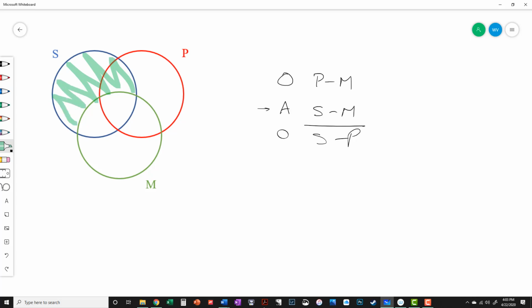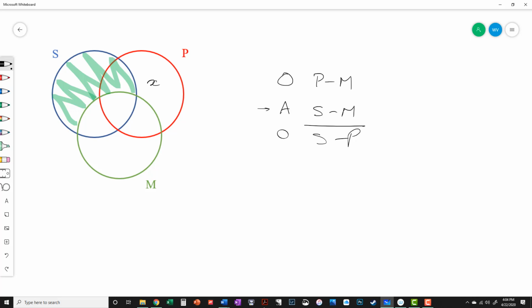All right, and then the particular premise, some P is not M. Dealing with the P circle and the M circle, we're saying that there's some P that's not M. That means that there is something over here. Now it could have been in this region, but since that region is empty, it bumps off the line and goes over here. Now the conclusion says some S is not P.